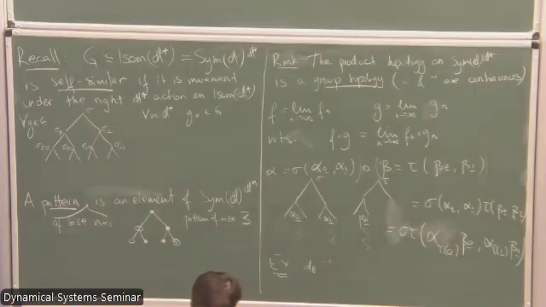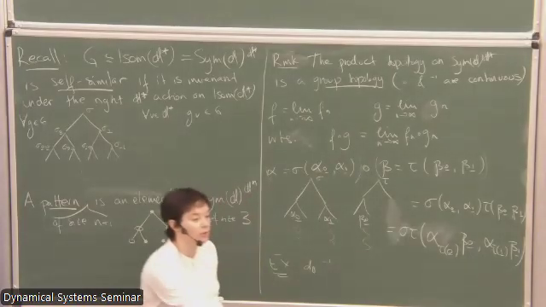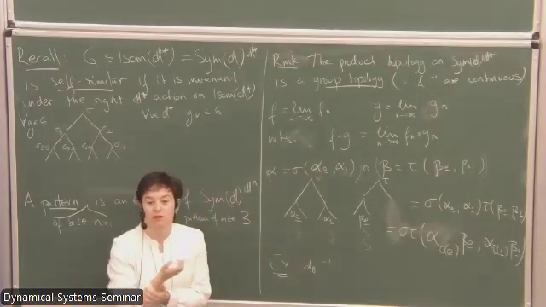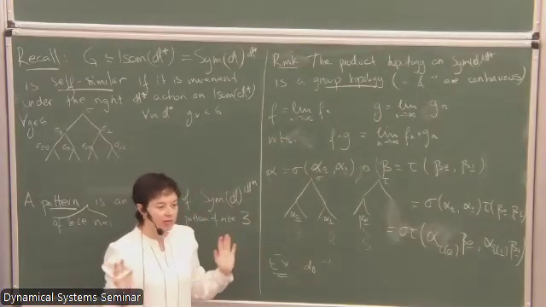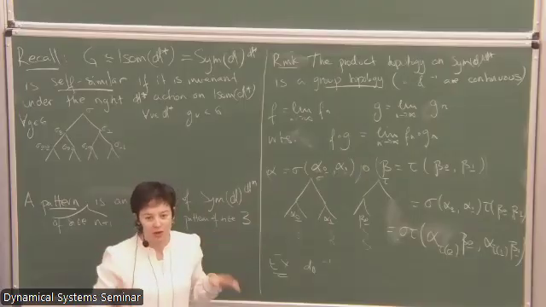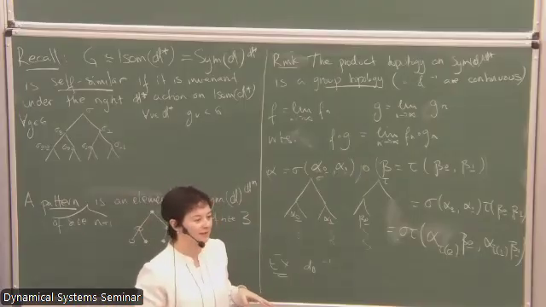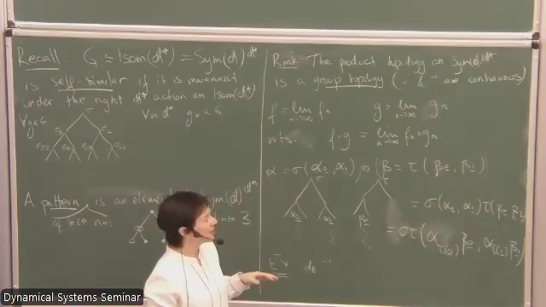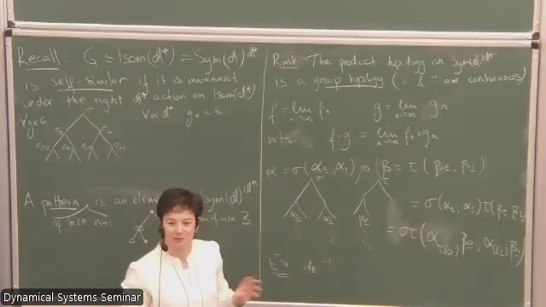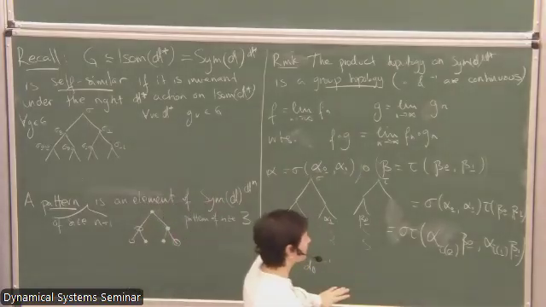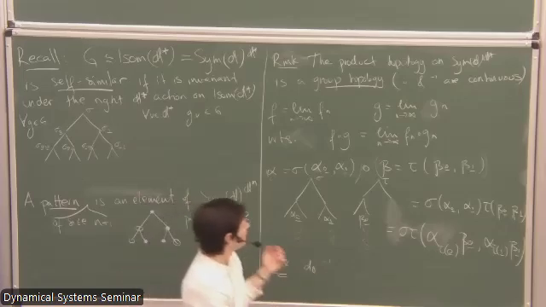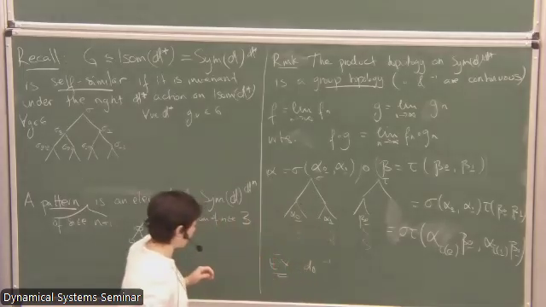So I wanted to do this thing slowly because I want people to get used to topological groups. Maybe everybody's an expert in topological groups here. I don't know. But when I was a younger researcher, I found topological groups very scary. So it's good to get your hands dirty and do the exercise and see that it's not that scary.